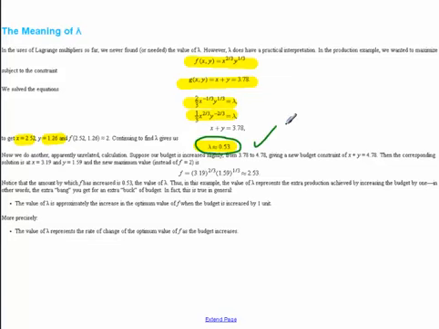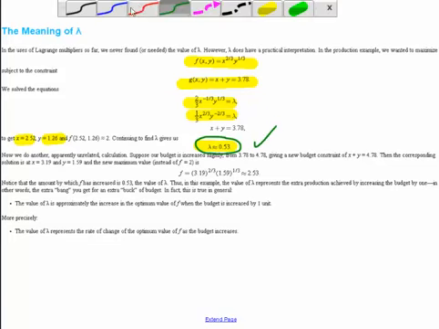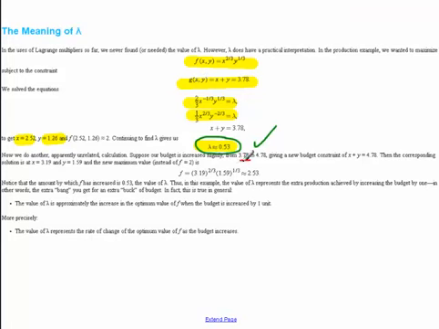Well, what exactly does this lambda mean? To inspect this, let's imagine that instead of spending $3.78,000, we spent $4.78,000. So we're going to increase C by 1. So the change in C equals 1.